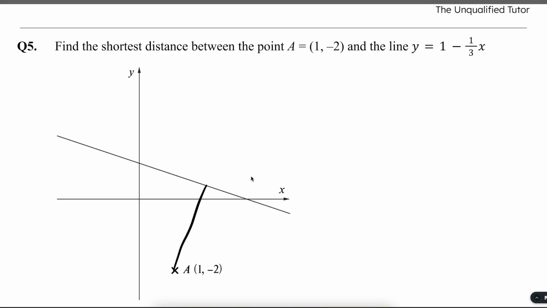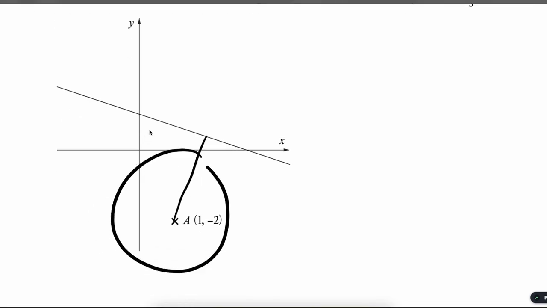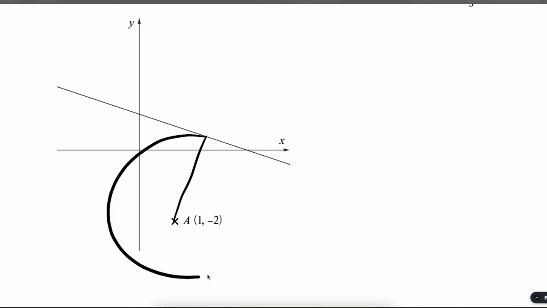Well, if we imagine a circle that's growing, it doesn't currently have the straight line in it yet. That means the distance away from the point is not yet great enough to meet the straight line. But as soon as the circle touches the straight line, that's when we know that that distance, the radius of the circle, is the shortest distance possible to get to the line.